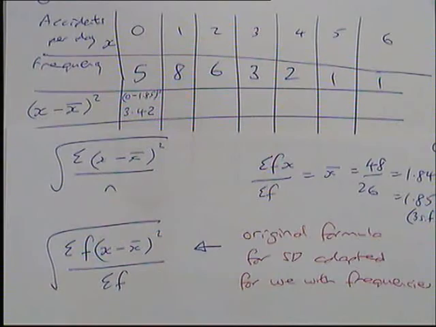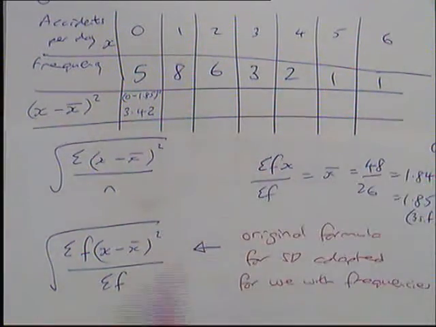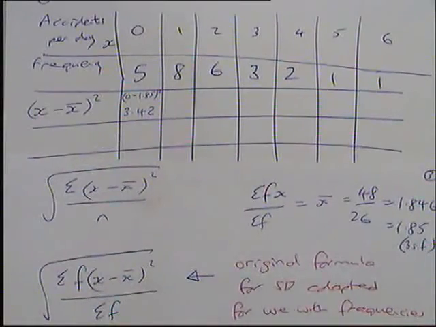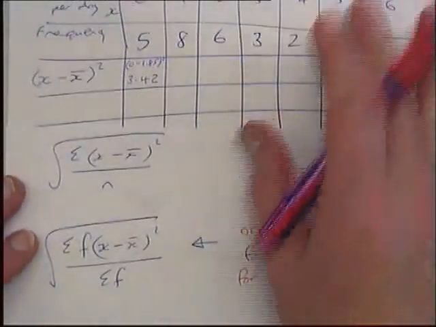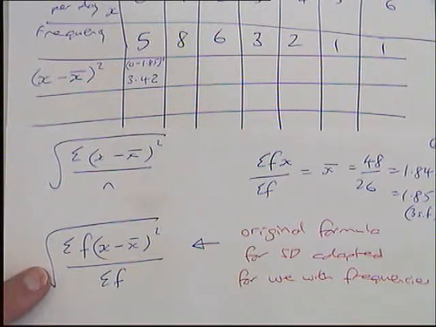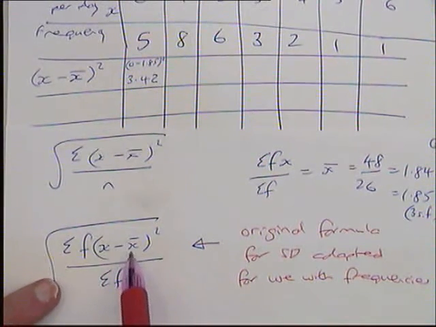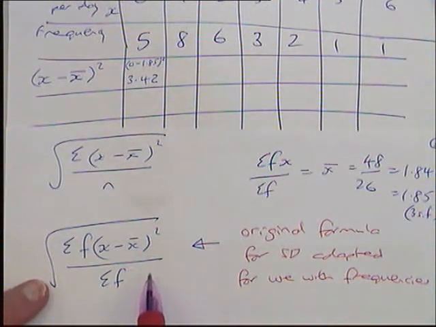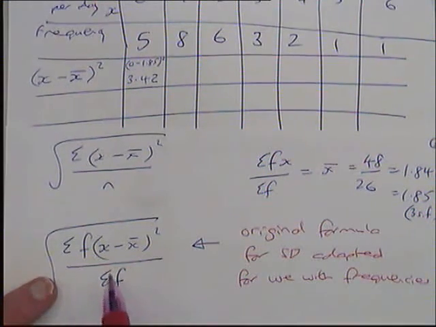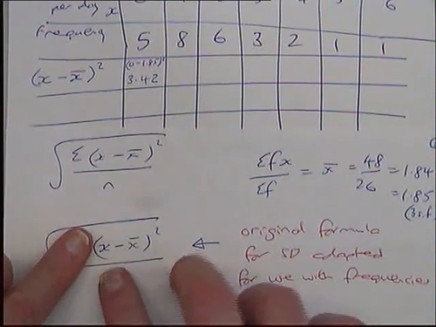Now, just stop a minute before we get all the way across, because you're just going to get so bored by doing this all the way across, and it's just going to be such a repetitive task. We'll just leave this blank for a minute. What would the next row be then? If we're using this newly adapted formula, what would we do on the next row? We've got x minus x bar all squared. Sigma f won't be a row. Sigma is adding up numbers. So I've got that bit there so far.